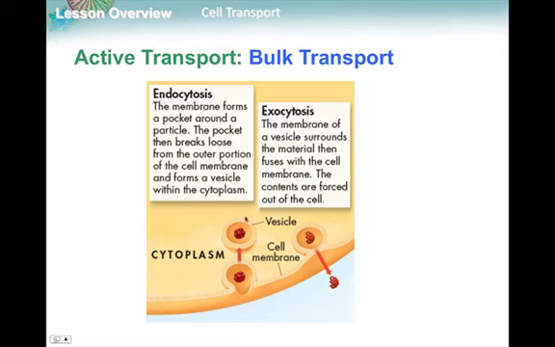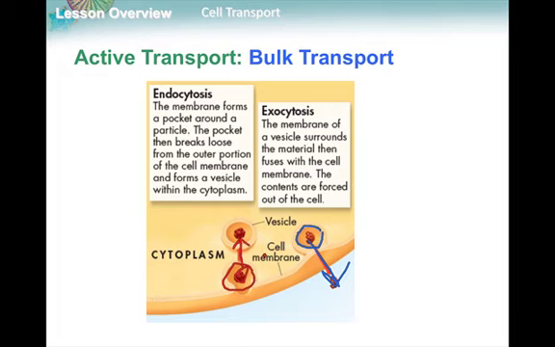So in general, this is exocytosis we're looking at here. On the right-hand side, what we have is a vesicle which contains something from the cell, and it's going to be pushing it out. That's exocytosis, exit. And if we look on the left-hand side, what we see is maybe a food molecule. It gets engulfed into the cell membrane, which actually then gets turned into a vesicle.